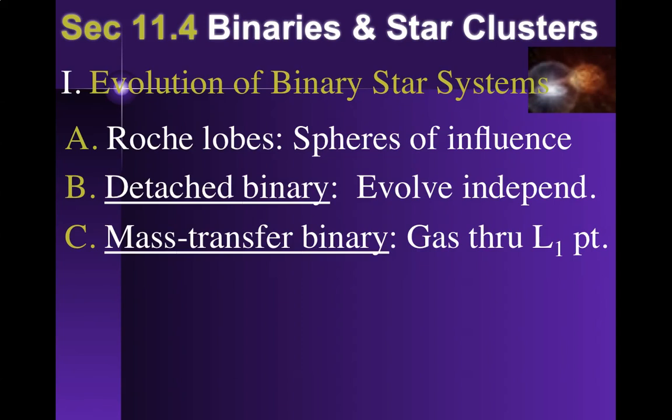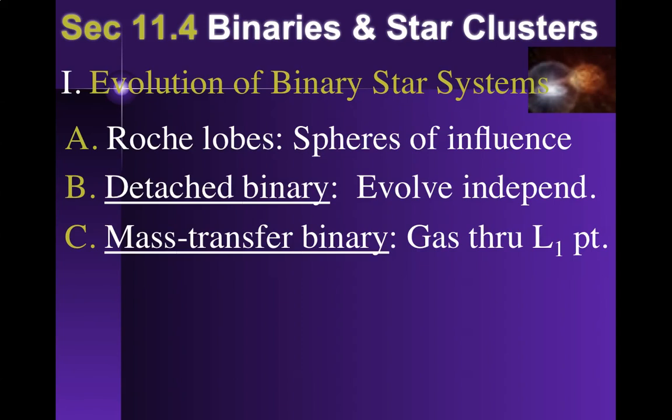The point where the two Roche lobes overlap, by the way, would be the Lagrange point, the L1 point specifically, and that's where the mass transfer would occur. So you have the outer atmosphere of this red giant pouring over onto this other star, and that's going to sort of change the future trajectory of the way each star evolves.